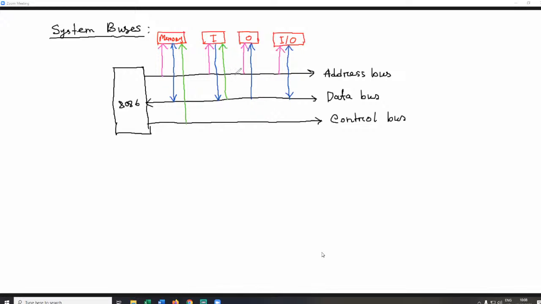If you come to the output, what will happen? For output also, the control signal will go from processor to peripheral, and for input output also it will go from the processor to peripheral. Okay, so that is the bus structure.